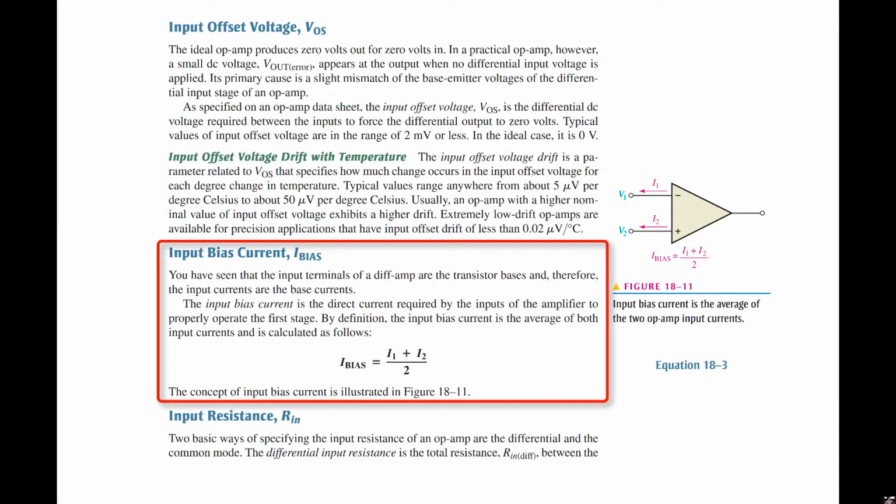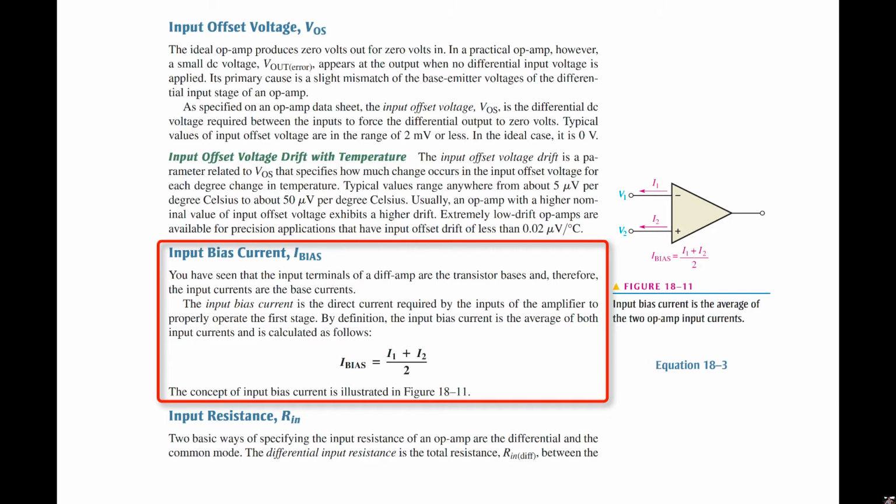Input bias current, I bias. You've seen that the input terminals of a diff amp are the transistor bases, and therefore the input currents are the base currents. The input bias current is the direct current required by the inputs of the amplifier to properly operate the first stage.